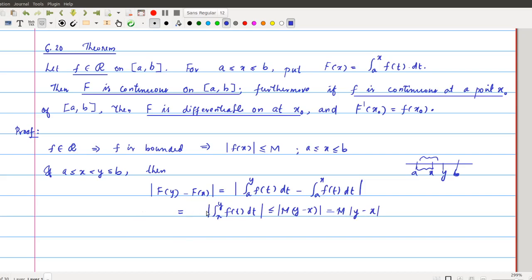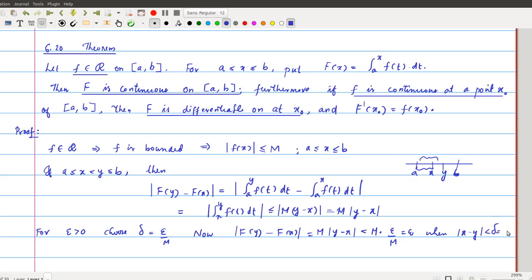Now this proves the continuity of this capital F, because if we have any epsilon greater than 0, choose delta as epsilon by M. Now we have mod F of y minus F of x less than or equal to M times mod y minus x, which is less than M times epsilon by M, which is equal to epsilon whenever mod x minus y is less than delta.